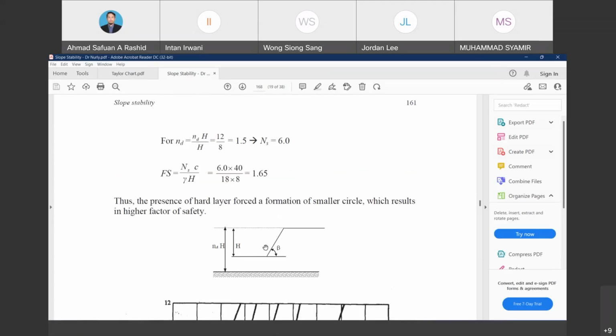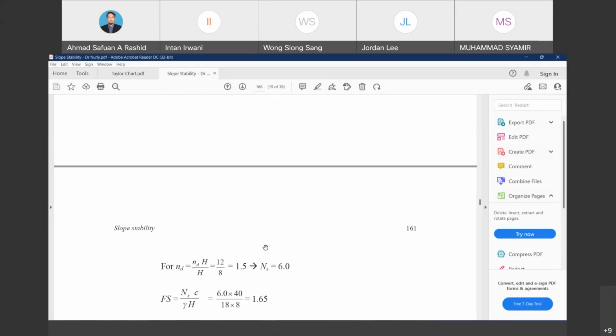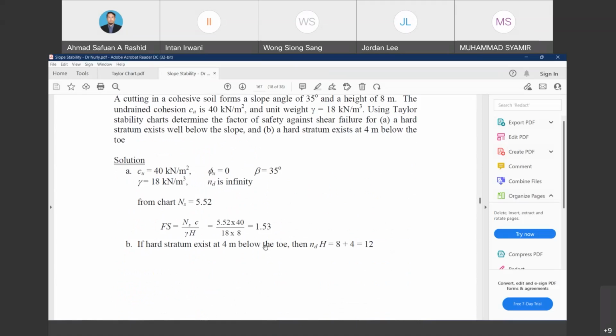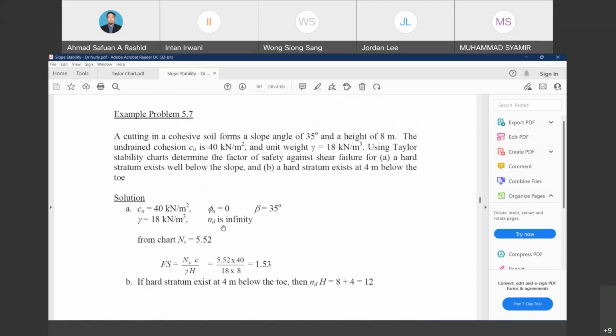For this case, ND is equal to infinity. A hard stratum exists well below the slope.